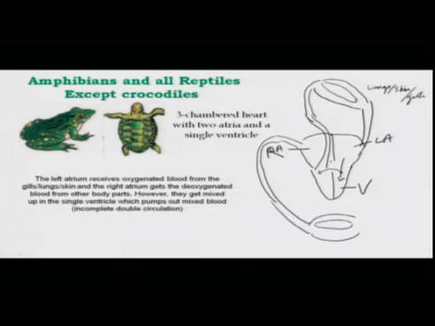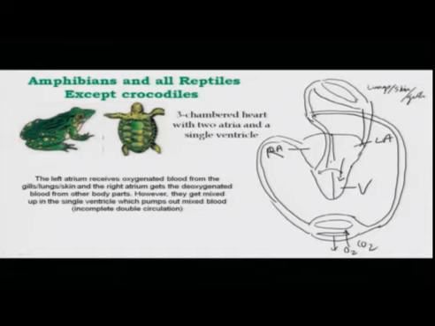So, here also there is a system of capillaries where gaseous exchange is taking place and this is connected to the same vessel that is coming out of the ventricles, which is supplying the mixed blood.